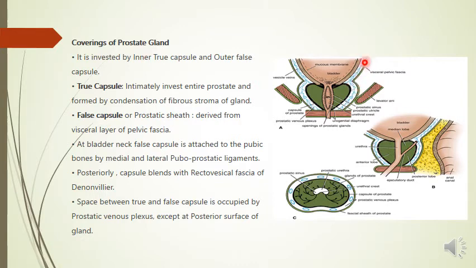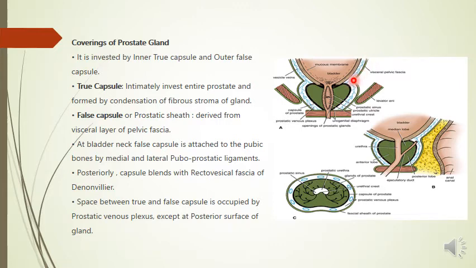Then the false capsule is also called the prostatic sheath, and it is derived from the visceral layer of the pelvic fascia. So the lesser pelvis where the prostate is situated is lined by the pelvic fascia.